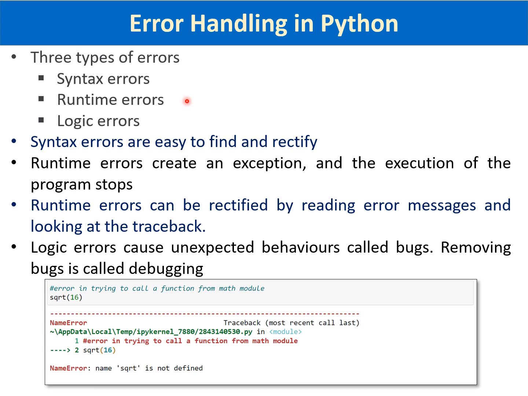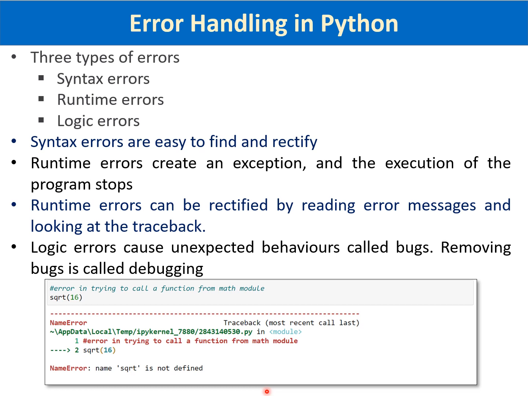And even if anyone commits a syntax error, it is very easy to identify where it is, and it is very easy to rectify. So then the runtime errors which occur during the execution of the program, they throw an exception and the program comes to a halt, and an error message gets printed.